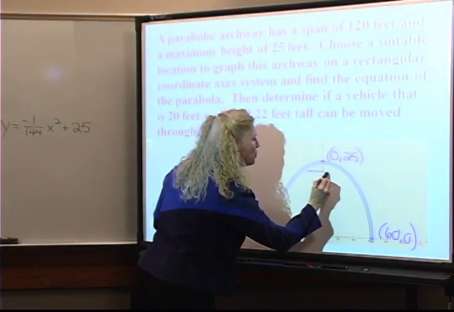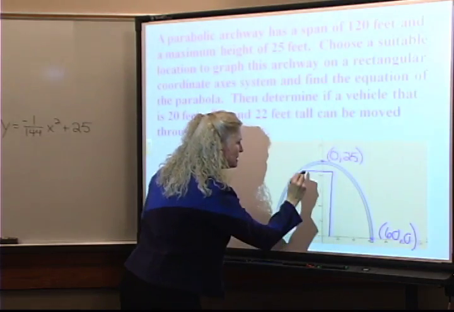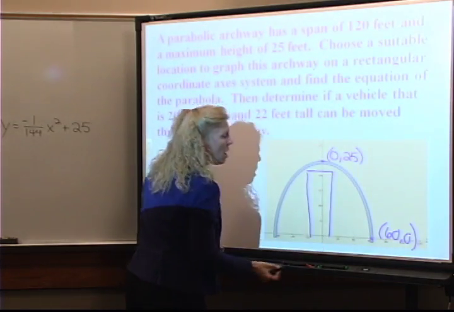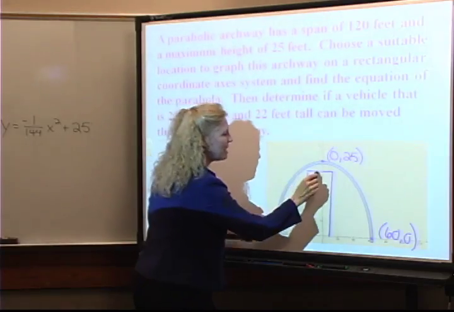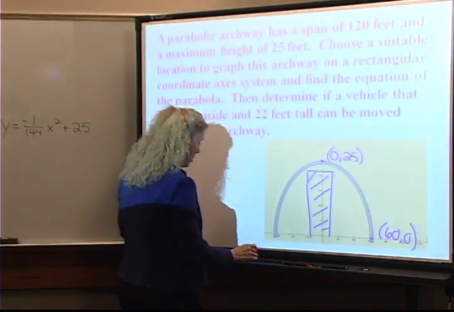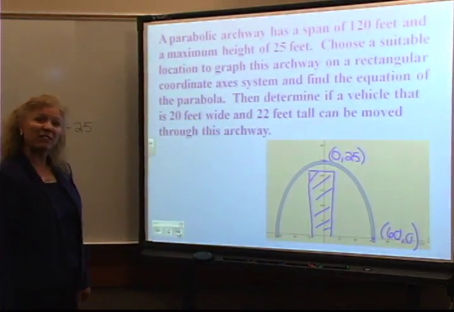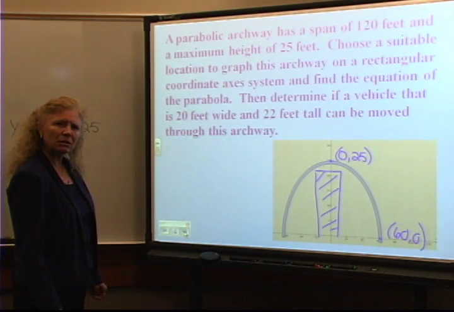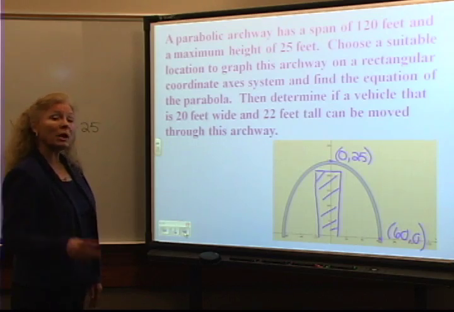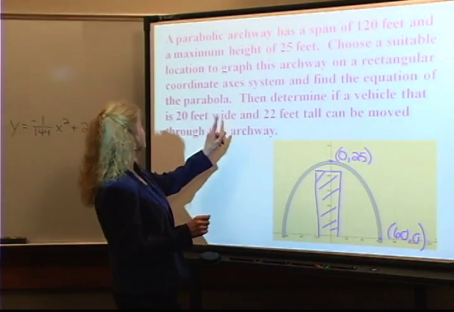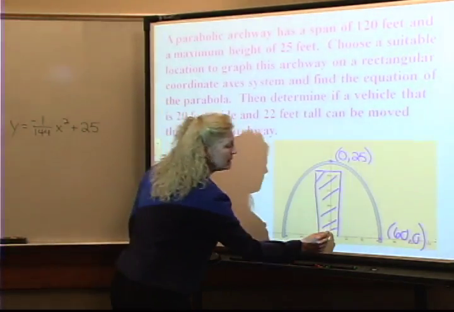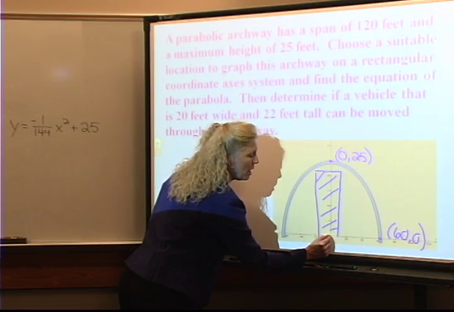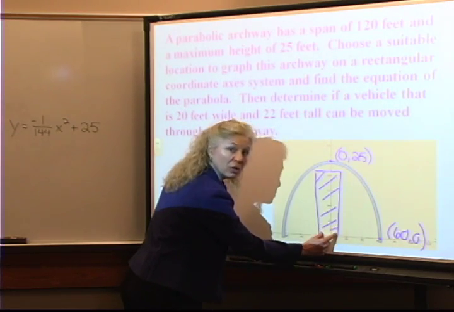So I've got it at about 22 feet tall, and it's 20 feet wide. So I'd want to center that thing right down through there. And so my question is, I wonder if that'll fit. How could I check that out? Well, what I could do, you realize that since it's 20 feet wide, it would go 10 to the right and 10 to the left from the middle.